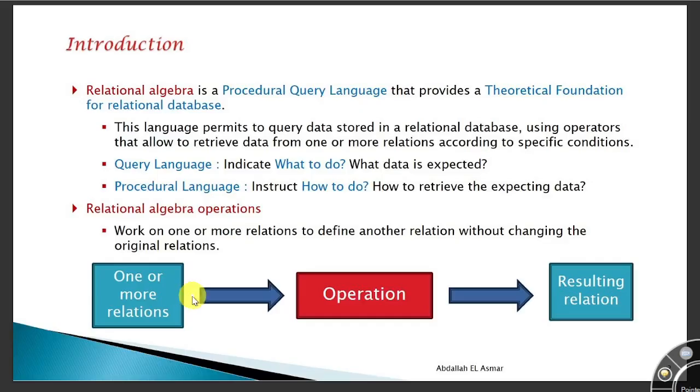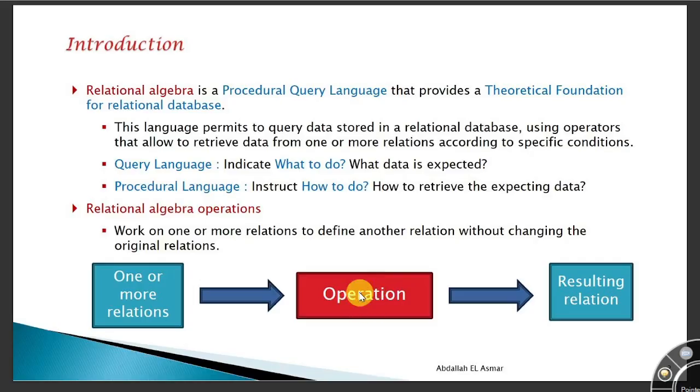Okay. And when we execute these operations on these tables, we create a resulting relation. We call it a new relation or resulting relation. So relational algebra is about how we can use these operations and how we can combine them.